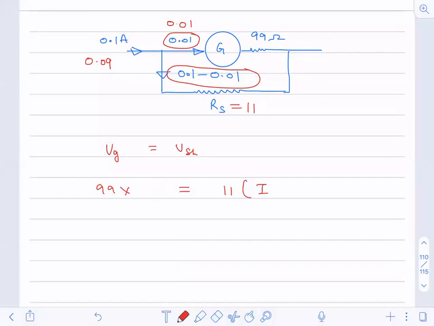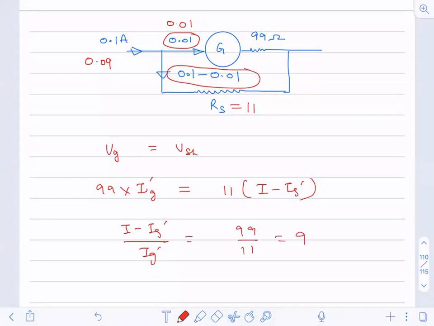So I will write here IG dash. IG dash is not a full deflection current. So I minus IG dash, you will have this value. I minus IG dash divided by IG dash is equals to 99 by 11. So this is 9 now.